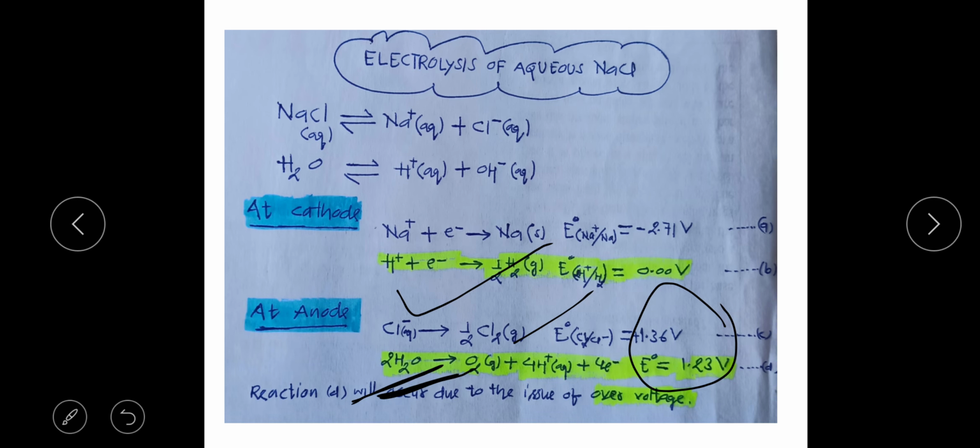The first step has higher reduction potential, that is 1.78, and that is quite higher as compared to the reduction potential of this reaction, and that's why this is more feasible, and this only happens. So there is production of chlorine.